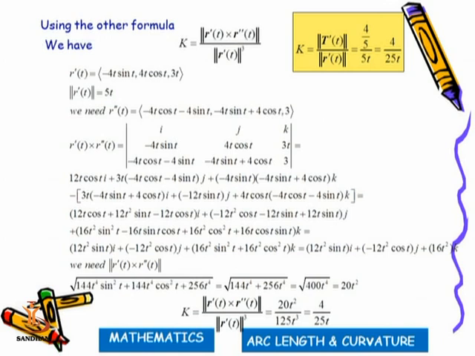We can find r dash cross r double dash. We can solve this determinant and substitute all these values in the formula of the curvature. We get the same answer, 4 upon 25t.